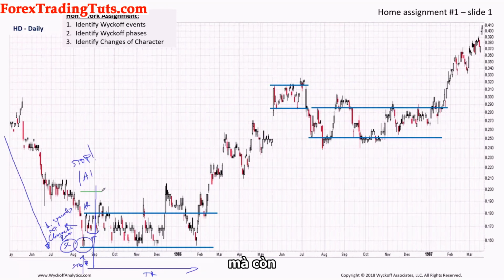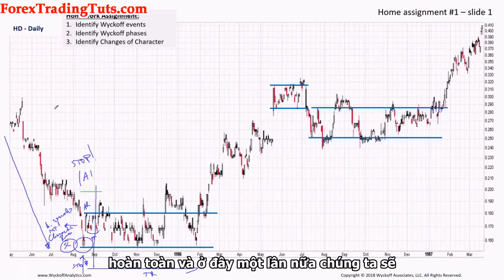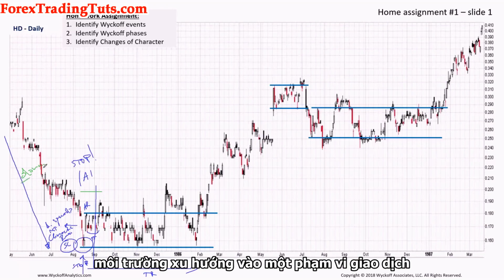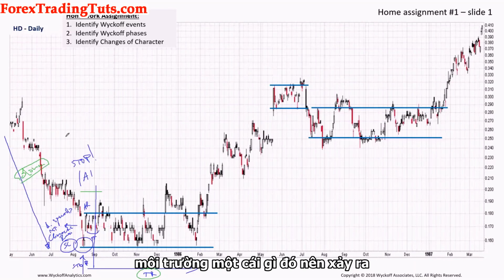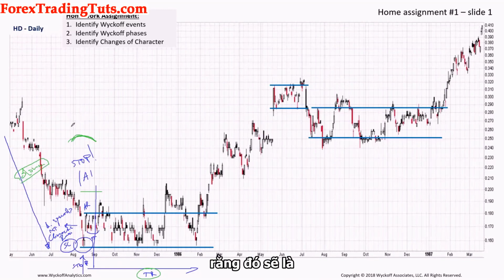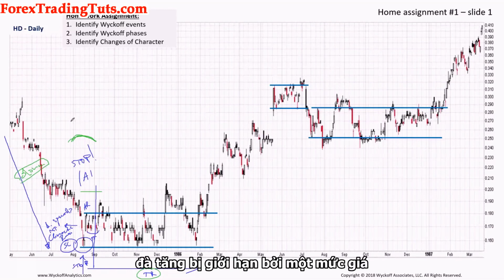Yes, absolutely. And here again, we're going from a downtrend environment into a trading range environment. Something should happen right here. Some kind of change. How are we calling that? That would be the price failing to continue to go upwards. In other words, the automatic rally being limited by a price level which defines the resistance.